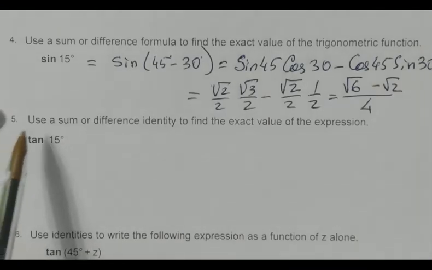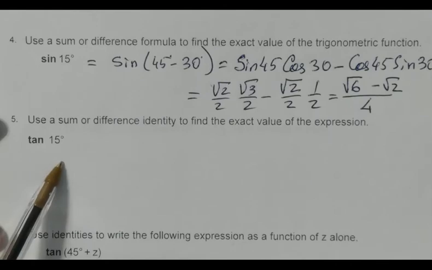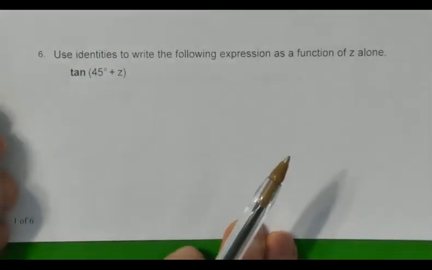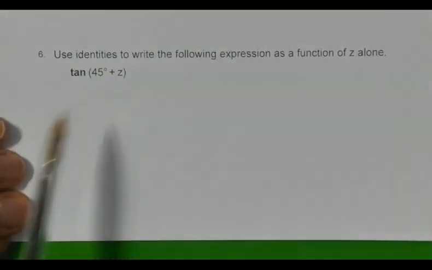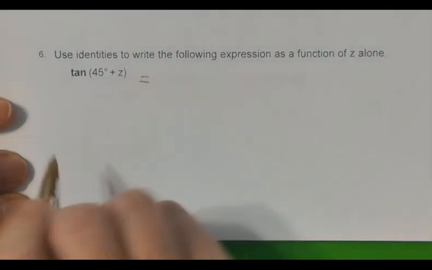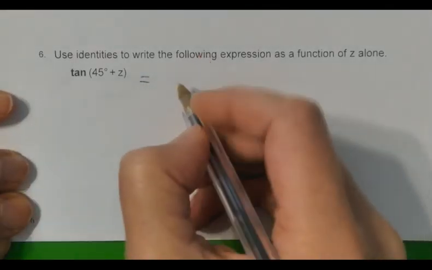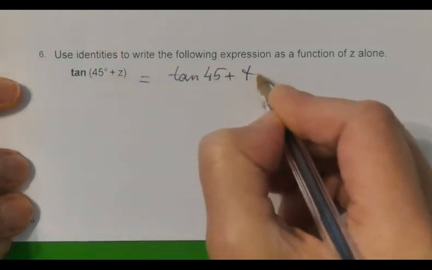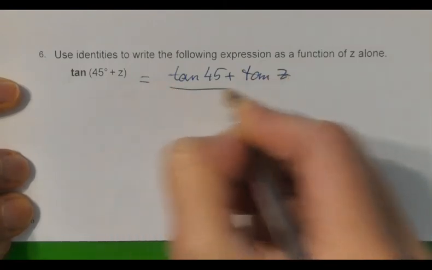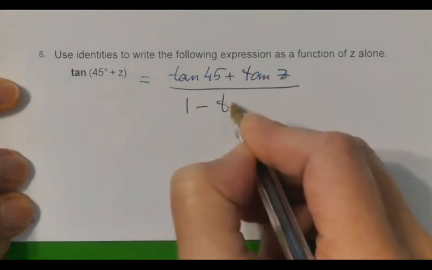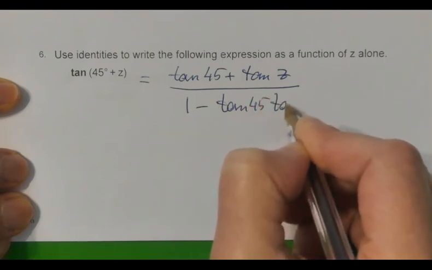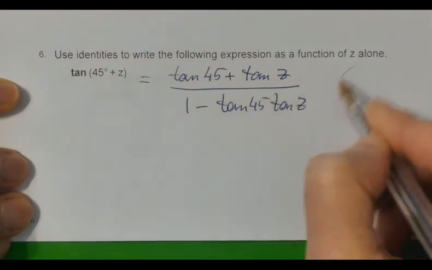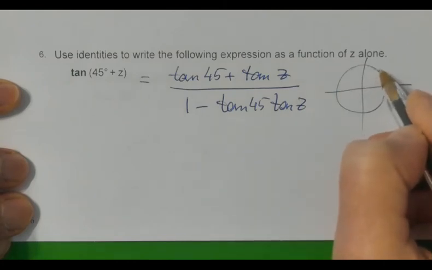Use the sum or difference identity to find the value of tangent of 15. Let us keep this problem and take the next one: tangent of 45 degrees plus z. Tangent of a sum is tangent of the first, 45, plus tangent of the second, tangent of z, divided by 1 minus tangent of 45 times tangent of z. 45 degrees is in the middle of the first quadrant.